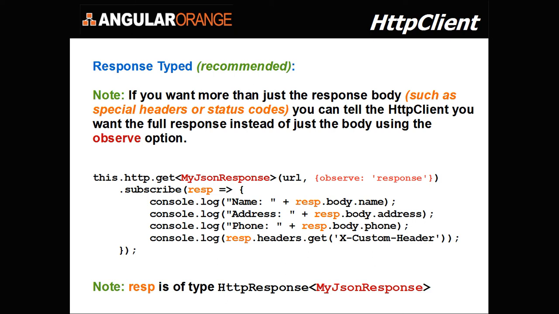In that case, you get a full response, and you could do a .body.name, .body.address, .body.phone, or you could just do a response.headers.get of a header. So you would be able to read your complete response and respond appropriately. Note, rsp is of type HttpResponse of my JSON response type.